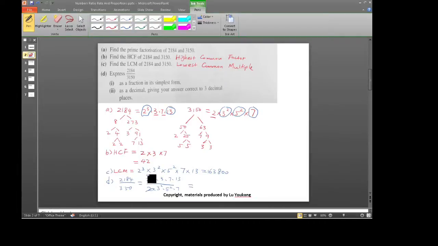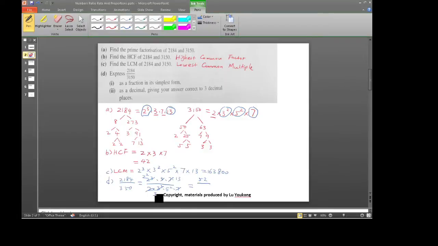You can cancel a 2, so you get 2 to the power of 2 left at the top. You can cancel a 3, so you get 3 at the bottom. You can cancel 7. That's it, you can't cancel any more, top and bottom.